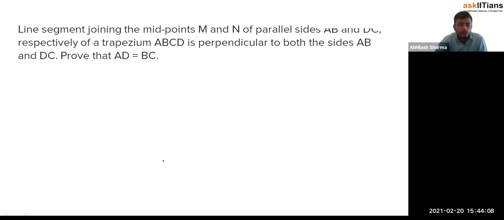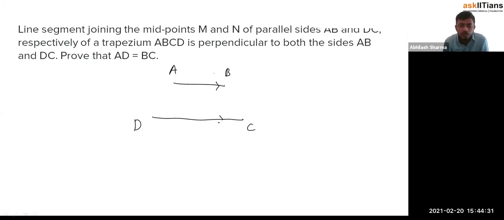Now let us have a look at another very good question. Question is saying line segment joining the midpoints MN of parallel sides AB and DC respectively of a trapezium. Okay, so AB and DC are parallel sides of a trapezium. Let us draw that. AB, CD, these are parallel sides.